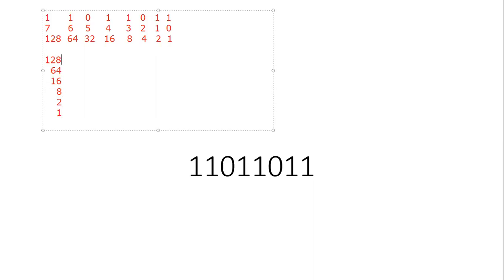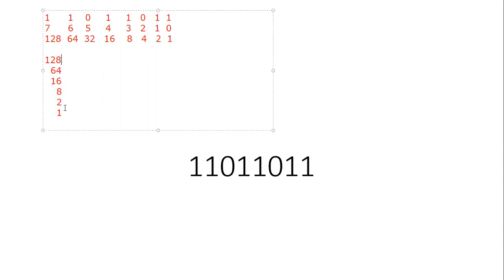In binary number system, you can take it exactly because the digits are 0 and 1. Anything multiplied by 0 is 0, so you don't need to consider it. And anything multiplied by 1 is itself. So we will take the positional values as it is. So we have 128 plus 64 plus 16 plus 8 plus 2 plus 1.